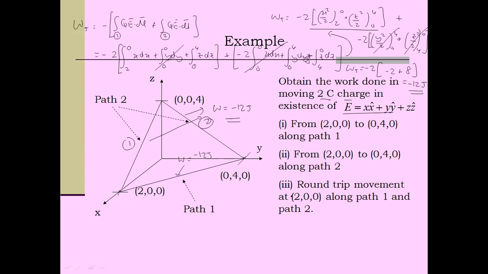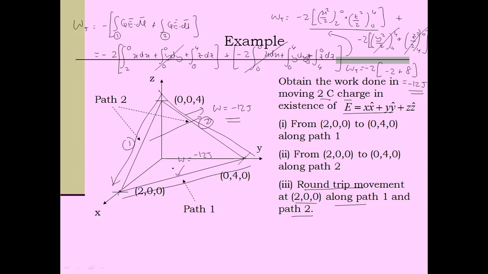Okay, point number 3 is to calculate the round trip movement at 200 along path 1 and path 2, which means the total work required in moving the charge from 200 in a round trip movement, which is a movement from the initial point and back to the same point. So we are moving from 200 to 040, then to 004 and back to 200. That should be the round trip movement.